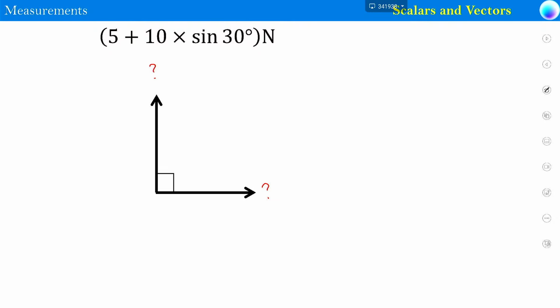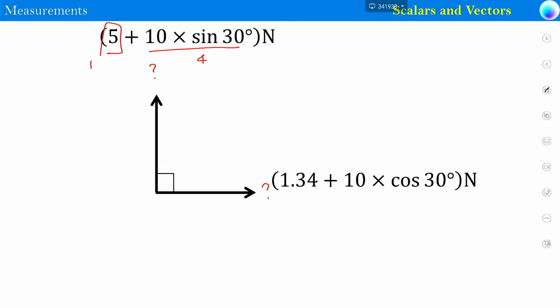So vertical vectors, 5, which was the first one, and the last one we saw. And then we can have the second one and the third one we saw. Since the second and third are in the same direction, we add them.